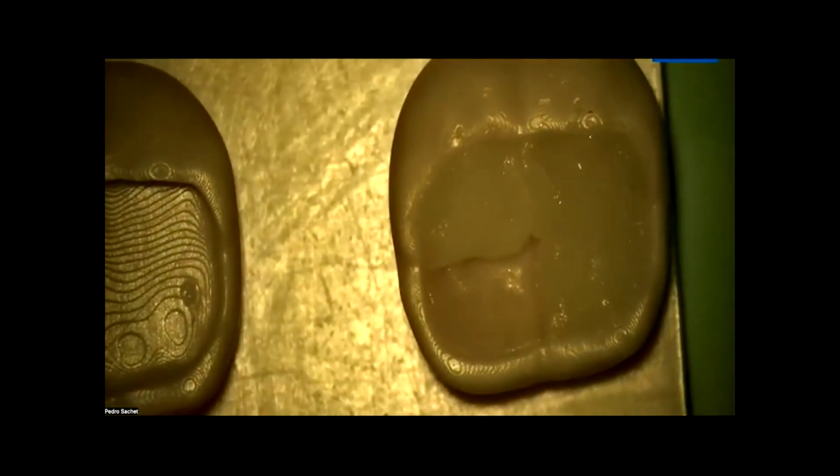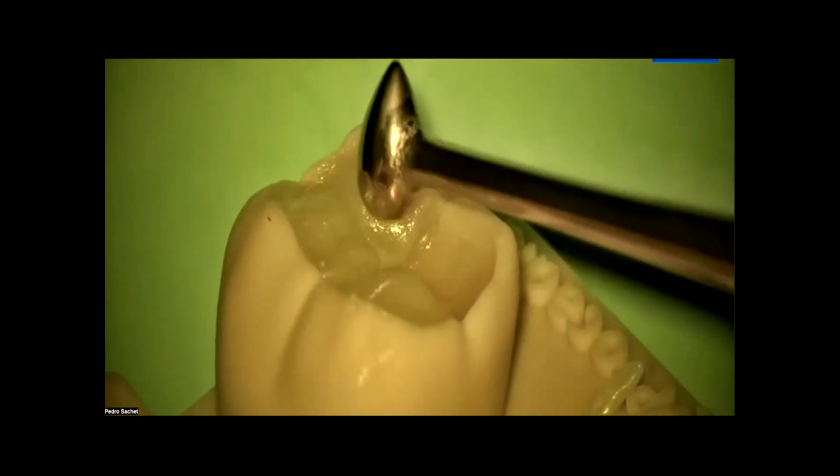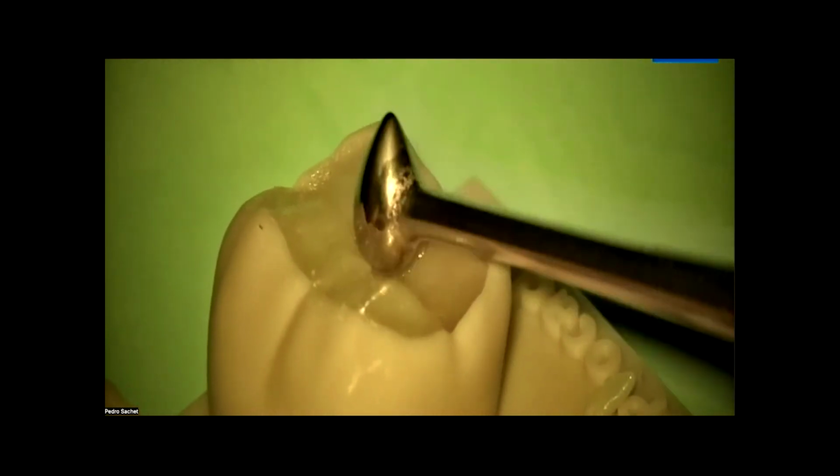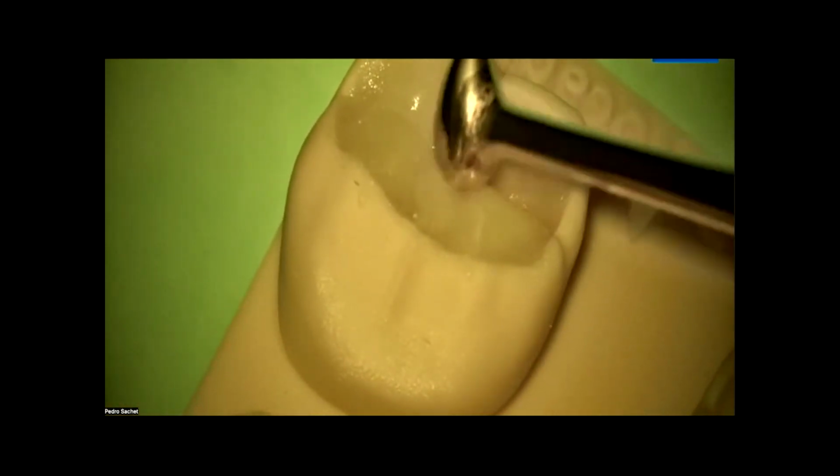So imagine that our second upper molar is here. I have one point on this cusp, and I have one point on this cusp. So these walls need to have the same inclination. So I need to close the fissures.